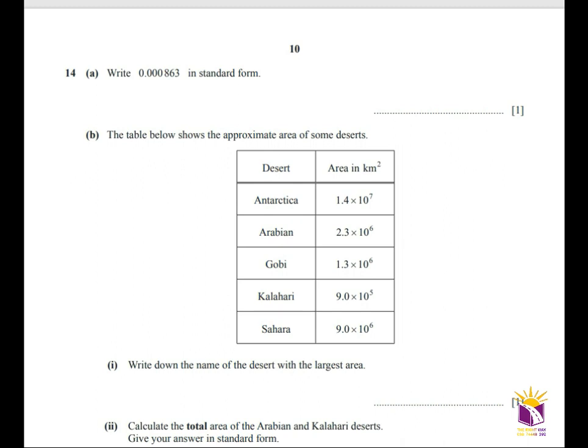Okay, write 0.000863 in standard form. We know that in standard form the point is after the first non-zero digit, and the first non-zero digit seen from the left side will be 8, and moving the point how many times, 1, 2, 3 and 4, it will become 8.63 into 10 raised to power, as we move our point to the right side, we will write the power in minus.